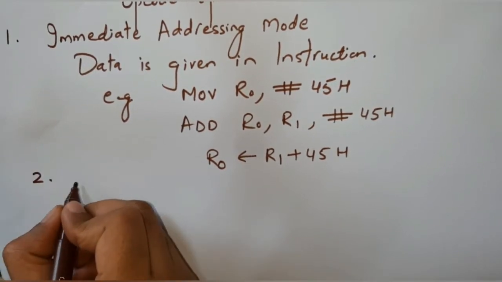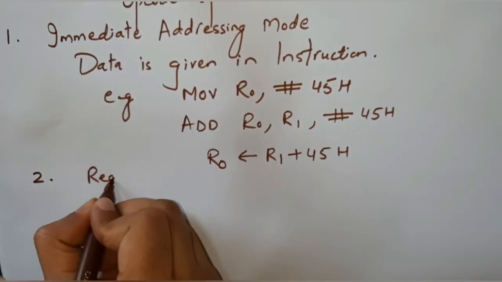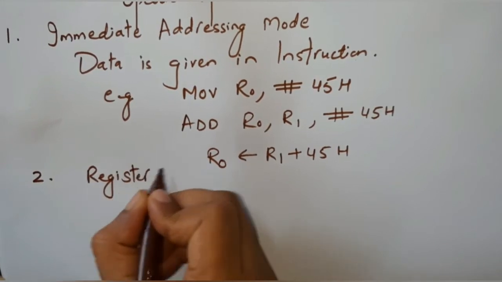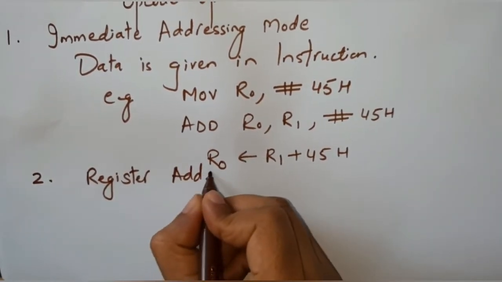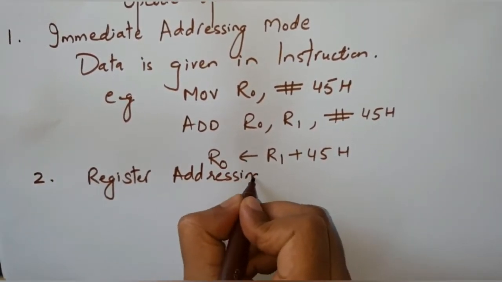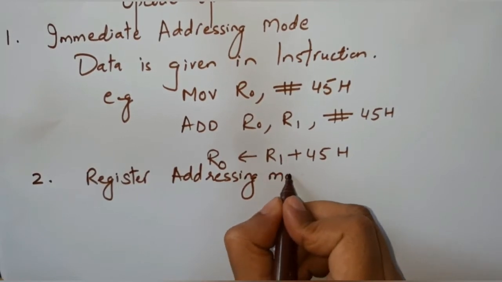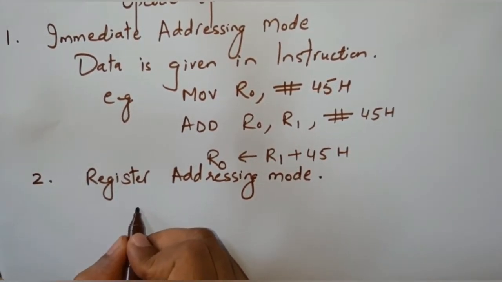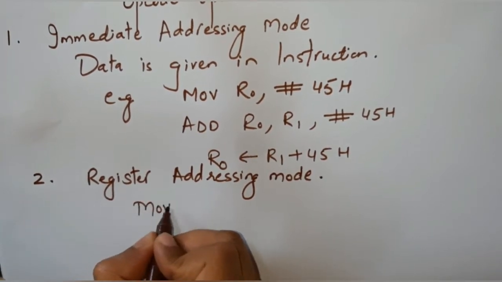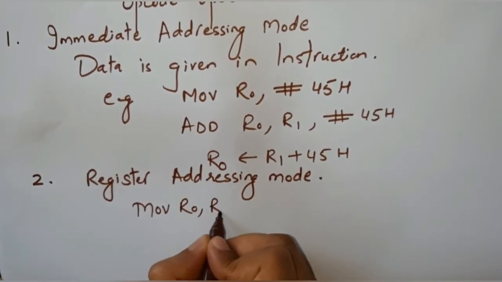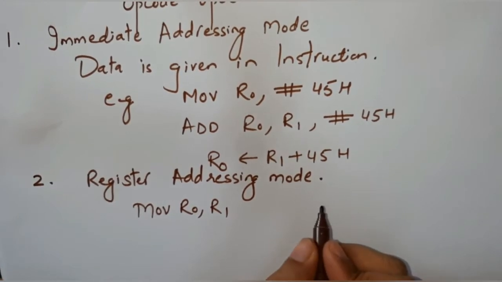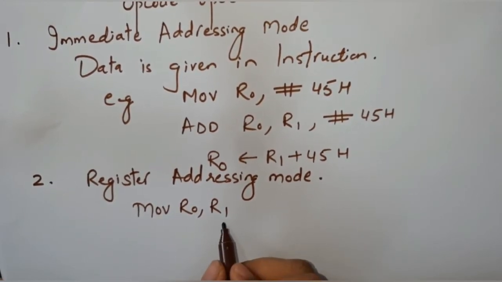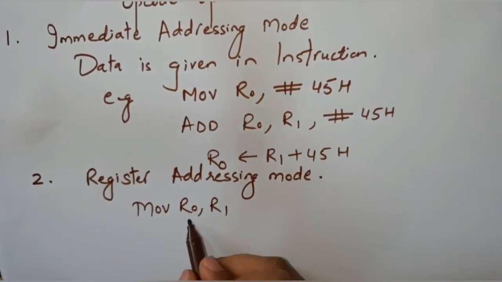The next addressing mode is register addressing mode. Example is given. In register addressing mode, the content of one register will be moved to another register.